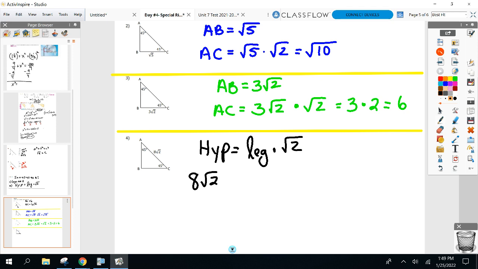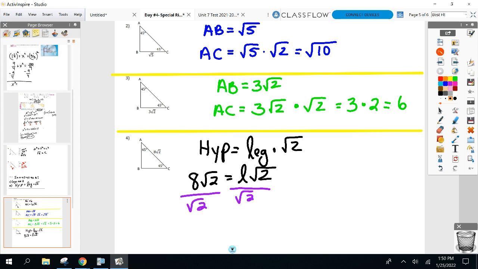8 radical 2 equals, put whatever you want here, x, L, whatever variable you'd like. I'll keep it L for leg, times radical 2. What do I need to do with the radical 2 to get the L by itself? Come on now, dig deep. Divide both sides by radical 2.